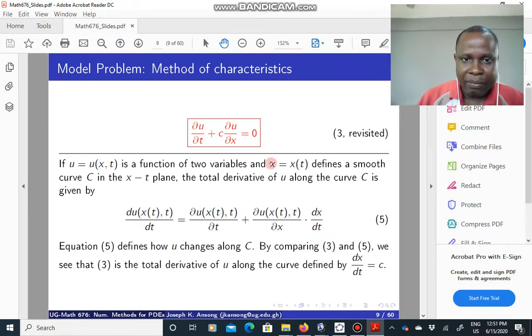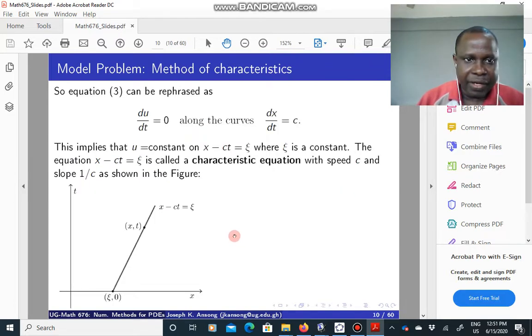So this can be interpreted as the total derivative of u, where the du dt is 0 and the dx dt is equal to that constant c here. Okay, so another way to interpret this is written down here. It's basically that du dt is 0 along the curve where dx dt is equal to c.